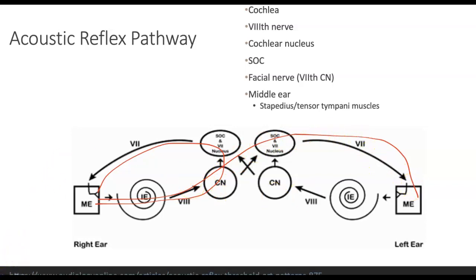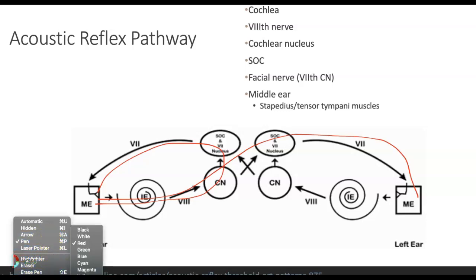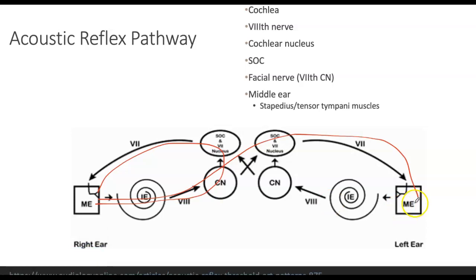And so we do testing and we assess ipsilateral and contralateral pathways. And it follows a certain pattern. It goes from the inner ear to the 8th nerve, cochlear nucleus, SOC.